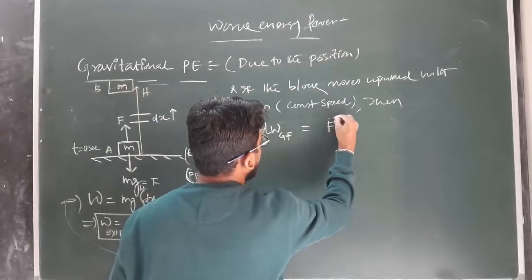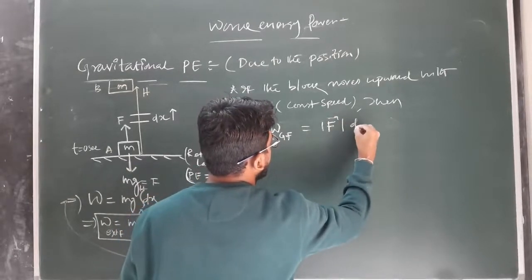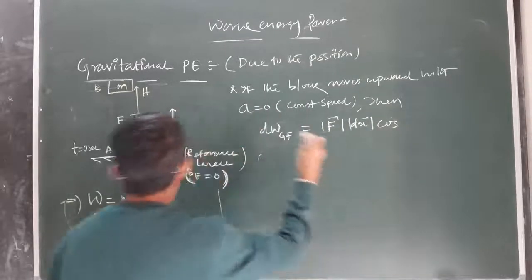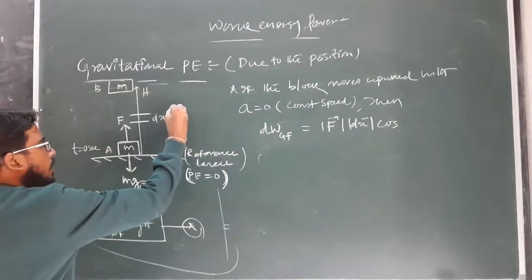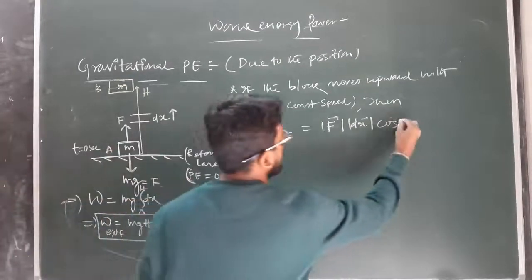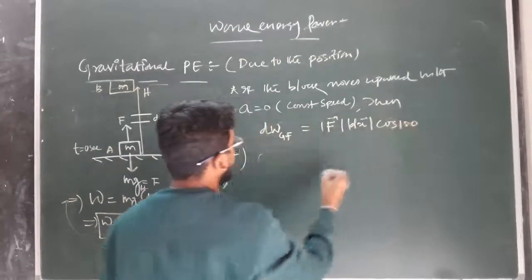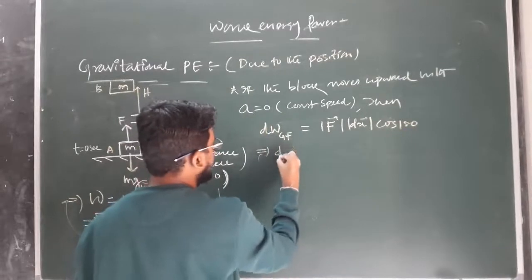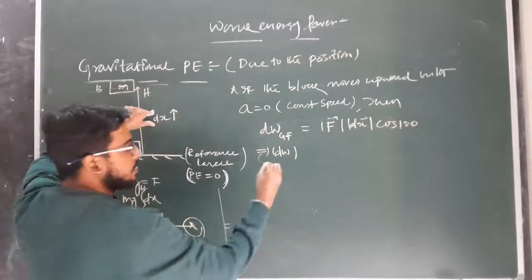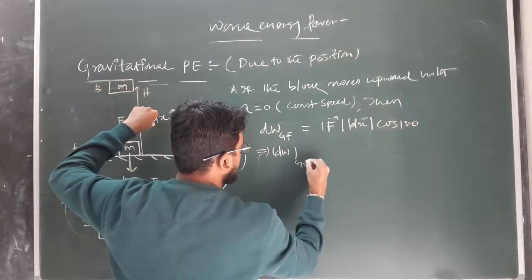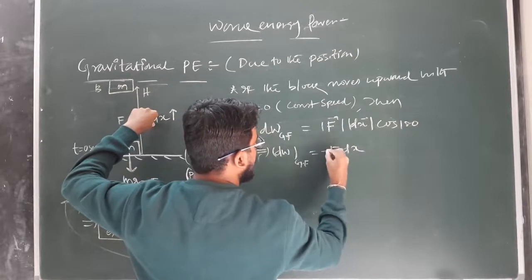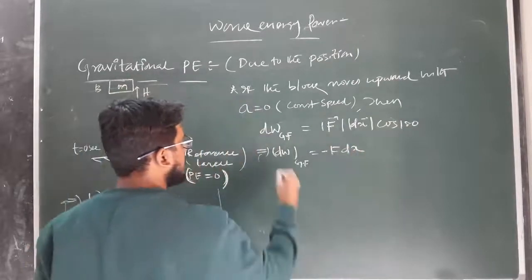F vector magnitude, dx vector magnitude, cos of the angle between the displacement, which is upward, and the gravitational force, which is acting downward, that is 180. So it will be cos of 180. So the small amount of work done by displacing the block with a small displacement dx due to the gravitational force is equal to F dx cos 180, and cos 180 is equal to minus 1, so it will be minus F dx.